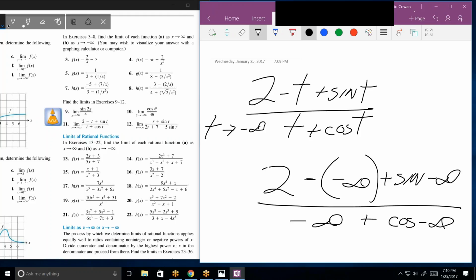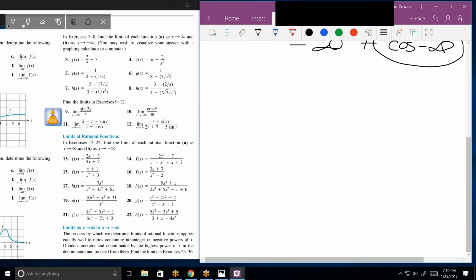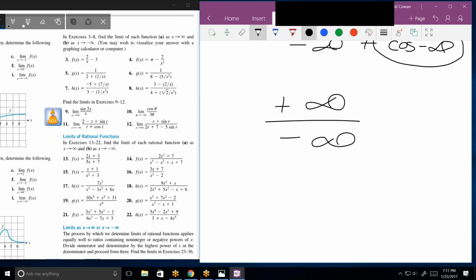Well, we know these bounce between 1 and minus 1, but this negative infinity actually turns positive. So the real problem I end up with here becomes positive infinity divided by negative infinity.